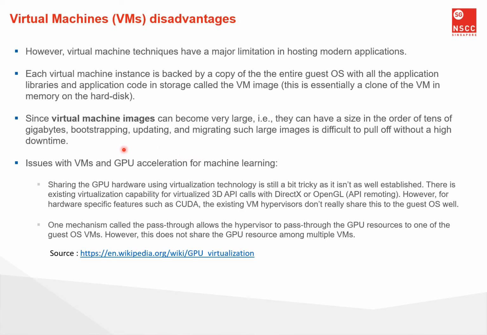So we need to make sure that our virtual machines are able to share the GPU resource among multiple virtual machines without them interfering with each other. And this remains a challenge.